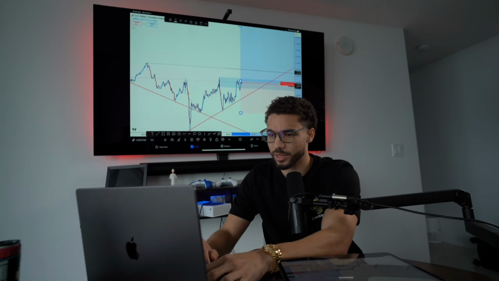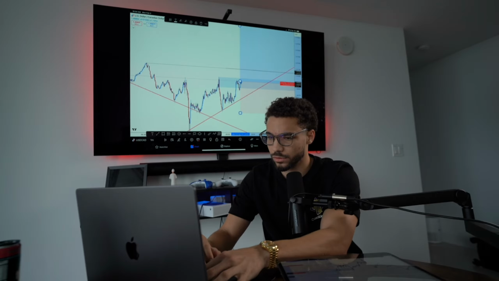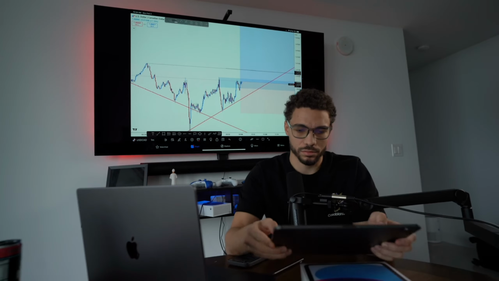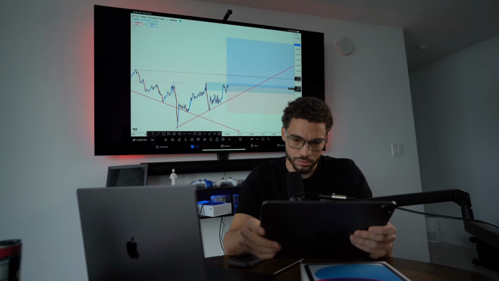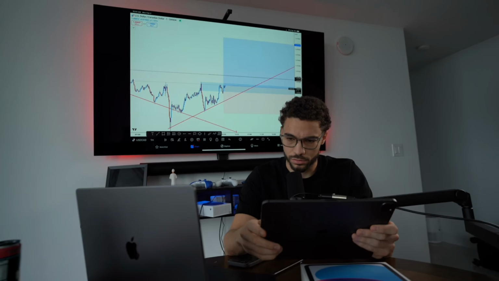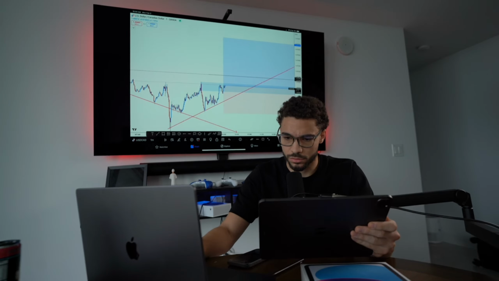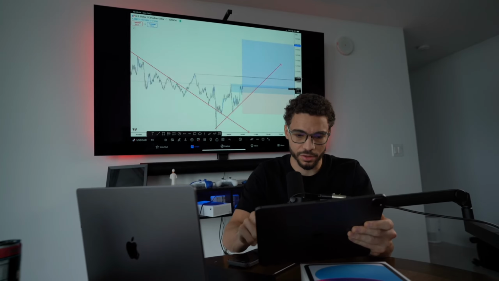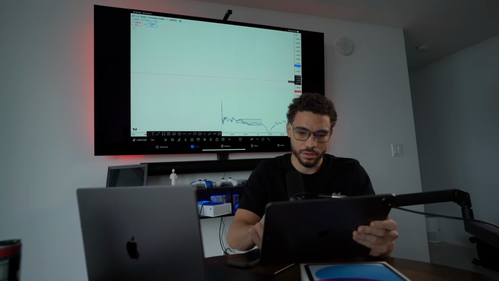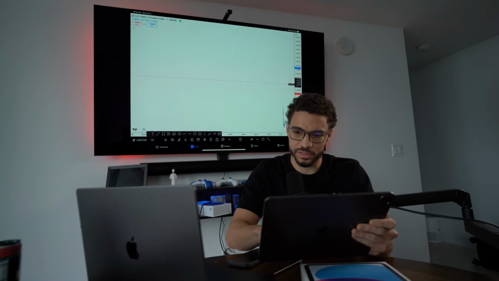Now it's just about being patient on this signal. What's insane is I took a trade literally the other day at what looks to be the same exact levels.